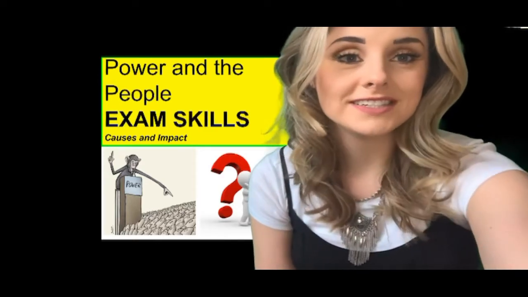So let's get started. Before I explain the difference between cause and impact and how you can apply that to your exam questions, I want to remind you of the table that I showed you in the last video. This is the why things change table, and we refer to it at the end of every lesson, to see what themes or factors we can apply to each event or person or thing that we study.